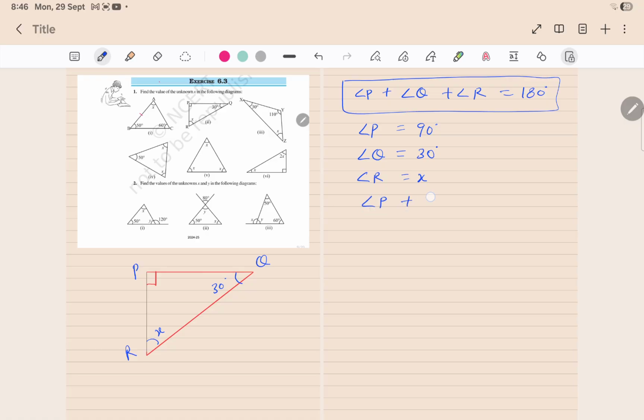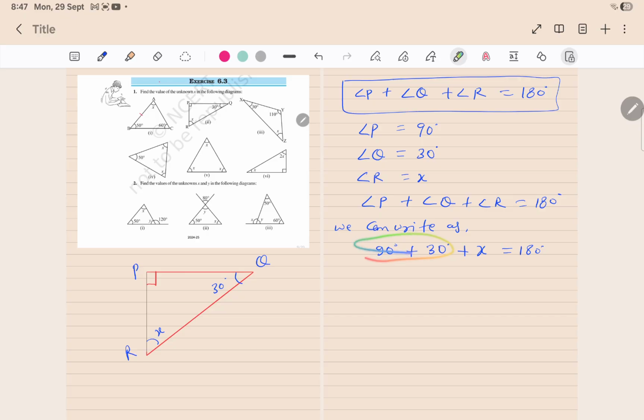Angle P plus angle Q plus angle R equals 180 degrees, so we can write 90 degrees plus 30 degrees plus x equals 180 degrees.